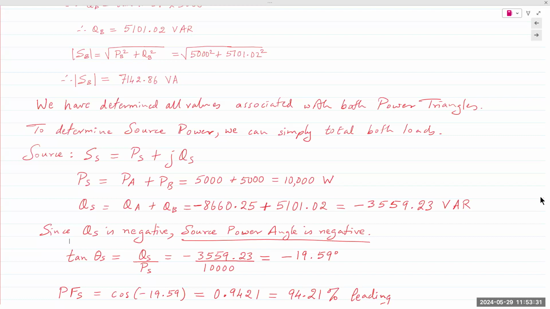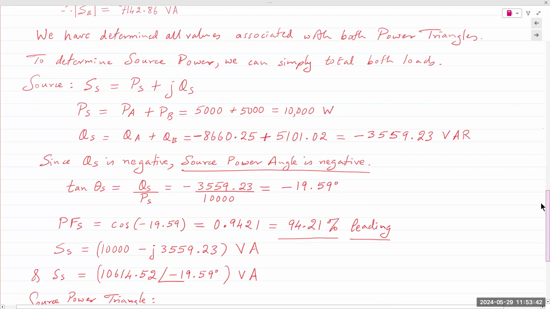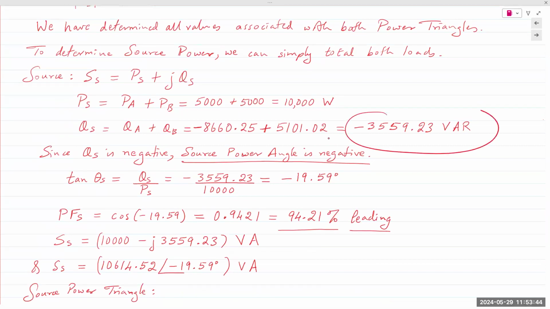But you have to be careful. Capacitive load means it's subtracted. Inductive load means it's added up. And in this case, it turns out that your total reactive power has a negative value, meaning your power angle is now negative.